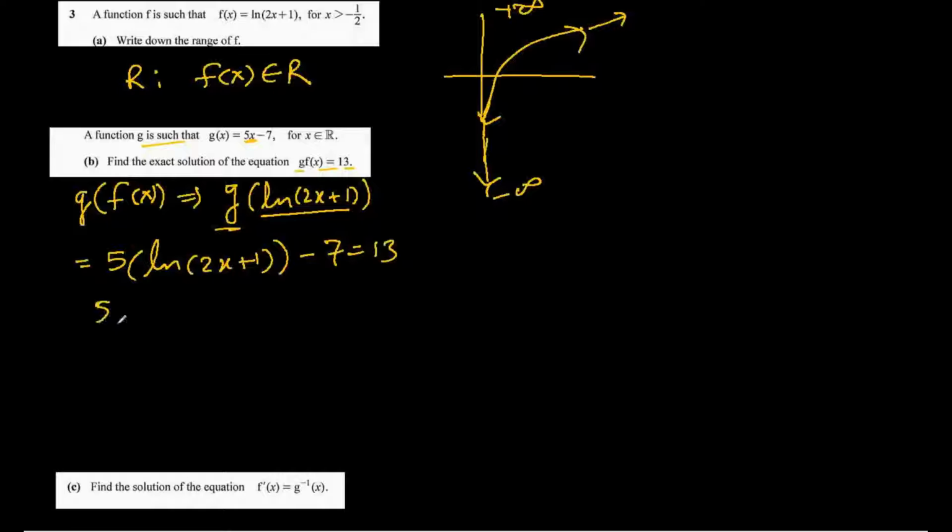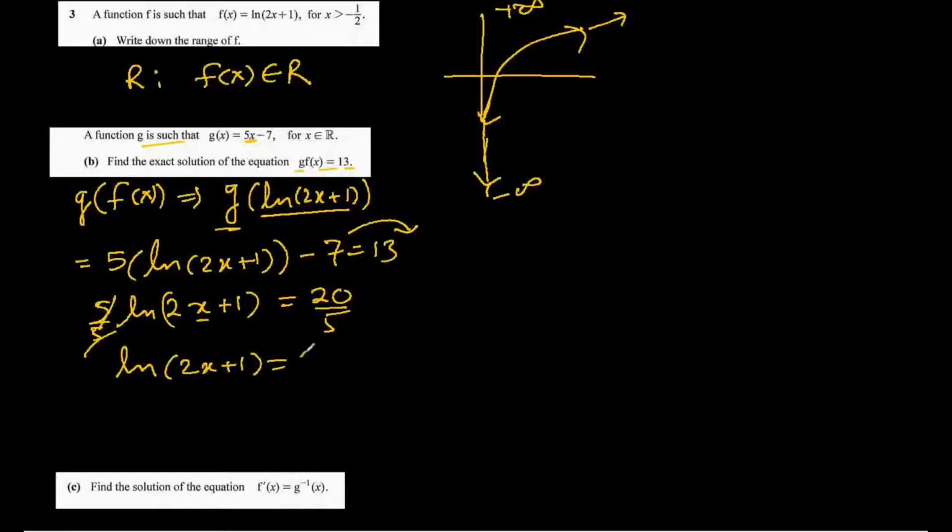So 5 ln(2x + 1) equal to 13, and this 7 goes there, becomes positive. 13 plus 7, 20. Divide both sides by 5. Our focus is to find the x. So 5 and 5 cancel here. ln(2x + 1) equal to 4.